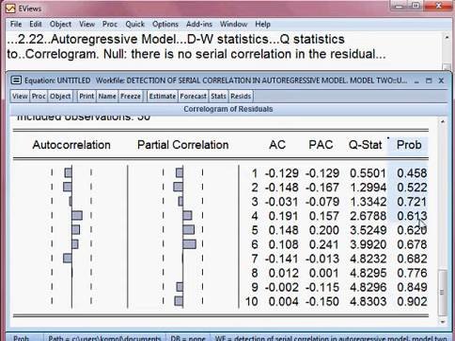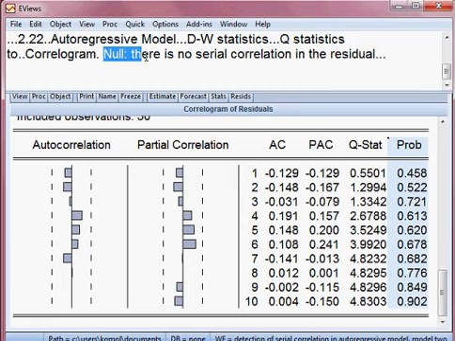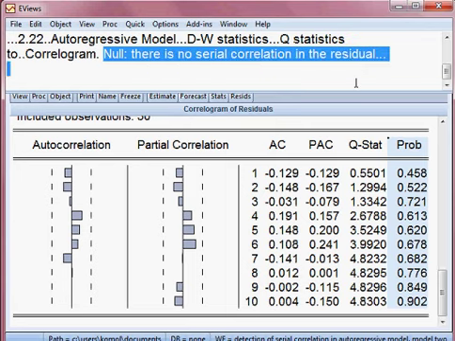So we cannot reject the null hypothesis; rather, we accept it, meaning that there is no serial correlation in the residual.